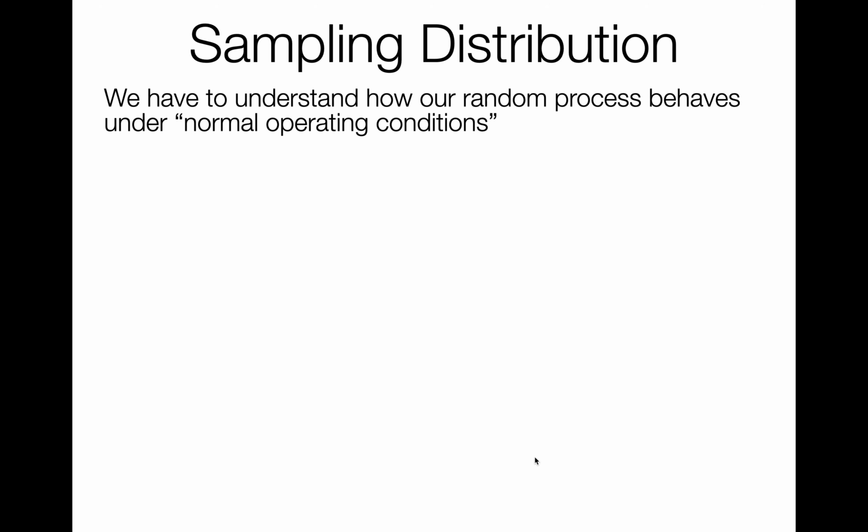Well, our goal here is to understand how the random process that we're looking at, in the last example, it would have been selecting those 50 bottles, behaves. I don't know before I select them whether a winner or not, so they're random. That's our random process, selecting those 50 bottles. How do they behave under normal operating conditions? And I'll talk a little bit about what I mean by that after.